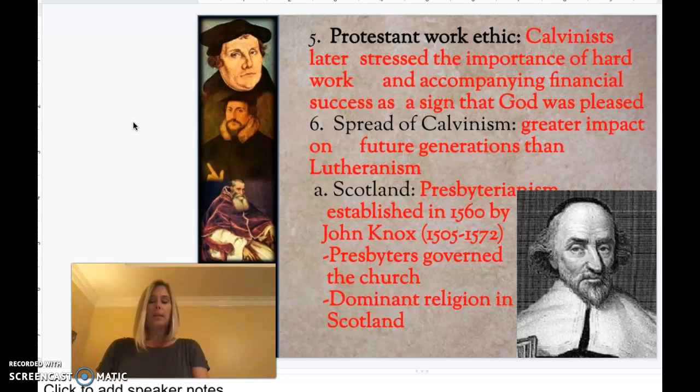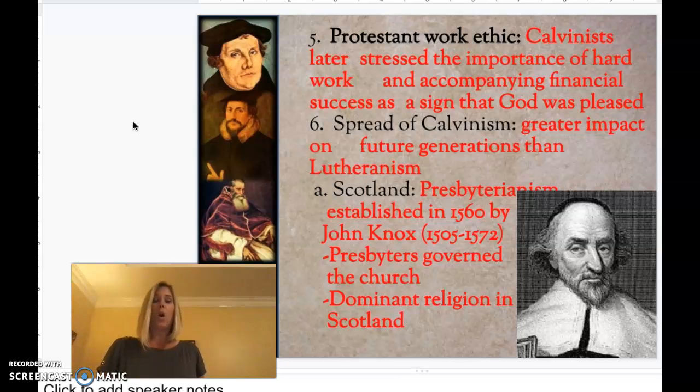Despite how militant and uncompromising Calvinism seems to be, there is one thing that we all may look at as a positive, and it's their strong work ethic. Calvinists stressed the importance of hard work and accompanying financial success as a sign that God was pleased. So anytime you come across Calvinists, they do have a very strong work ethic.